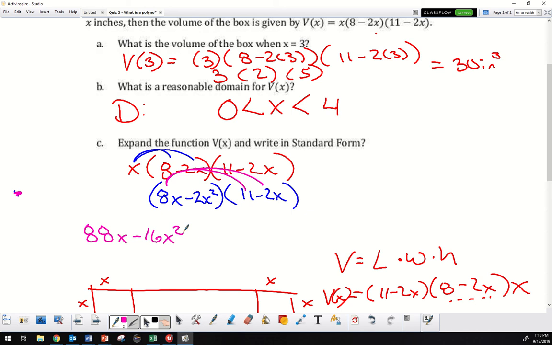And then I'm going to do the inside, now the negative 2. That's going to give me a negative 22x squared. So I'm going to line it up. And then my last one is going to give me a positive, negative times negative is positive, 4x cubed.